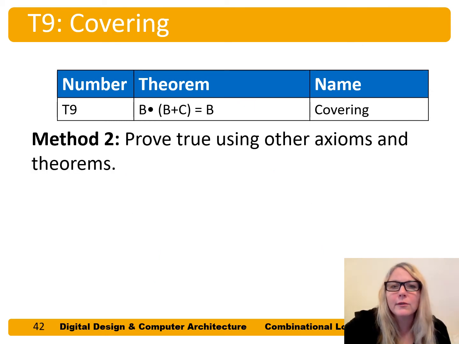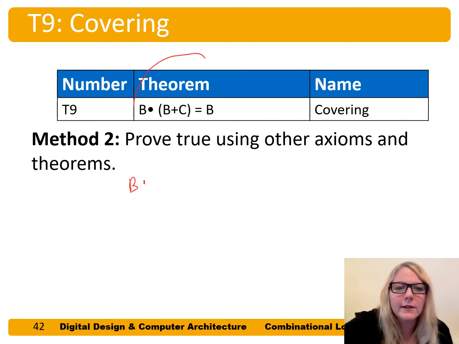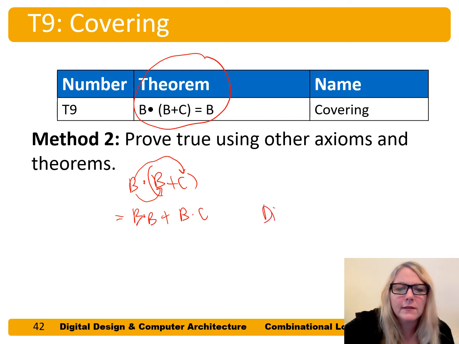We can also show that theorems are true using other theorems and axioms. For example, here we can start with the left side of the covering theorem, B and (B or C). We could use distributivity to say that's equal to B and B or B and C. Then B and B is just equal to B using idempotency.